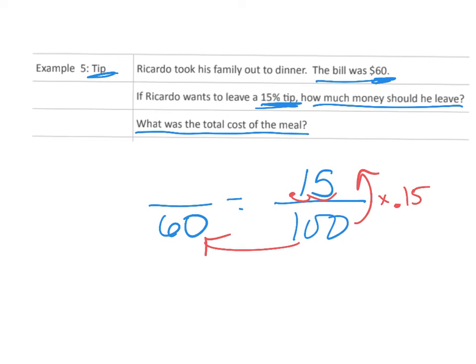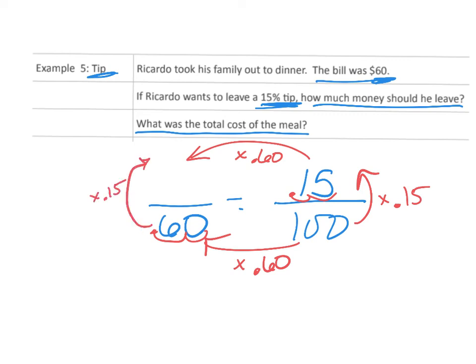Or I could go this way and multiply this by a decimal, 60 hundredths. Either way is going to work. I can multiply 15 times 6 tenths, or 60 hundredths, or I can take 60 and multiply that by 15 hundredths. 60 times 15 hundredths, I get 9. 15 times 6 tenths, I get the same answer.